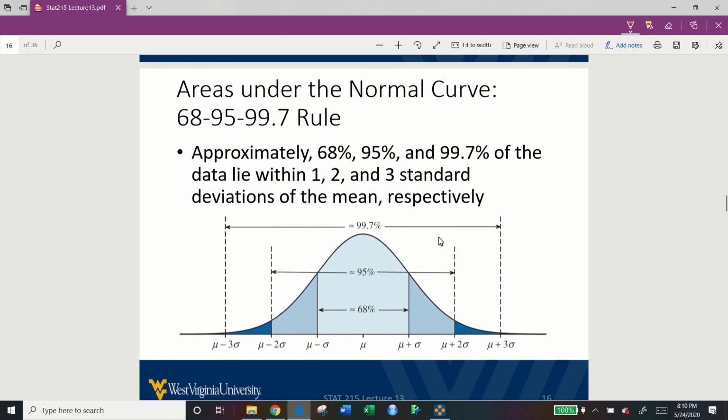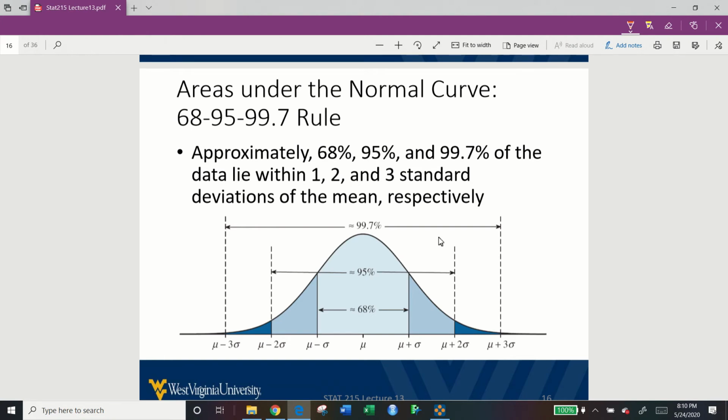Now, one helpful thing about this, because sometimes doing that full integration is overwhelming, and for some of you that are newer to integration, that could be a very difficult integration to perform. We have this handy dandy rule called the 68-95-99.7 rule.